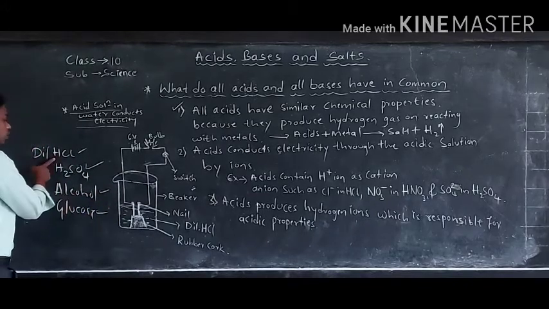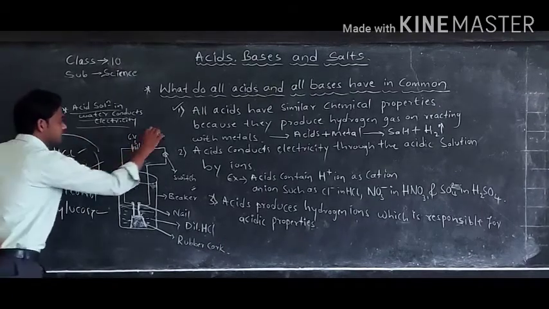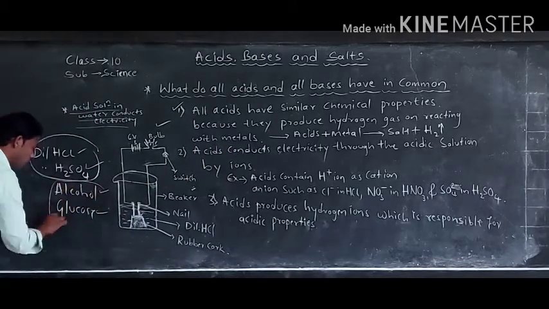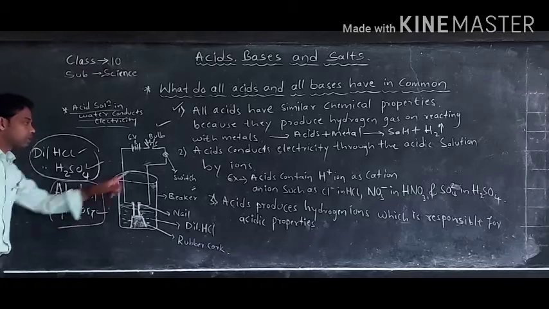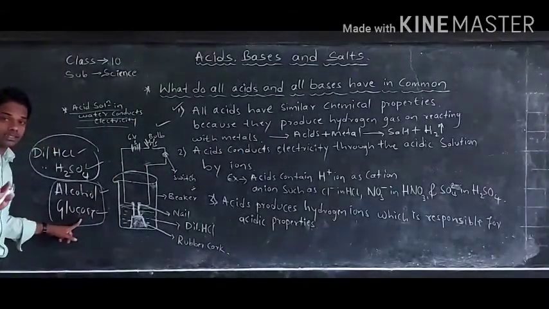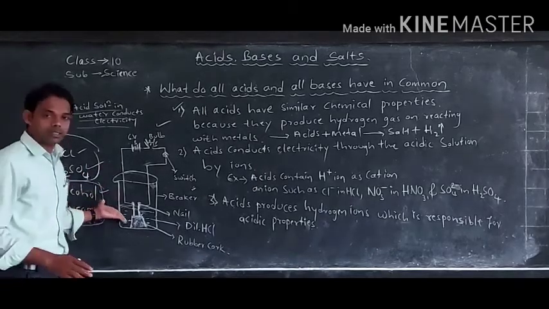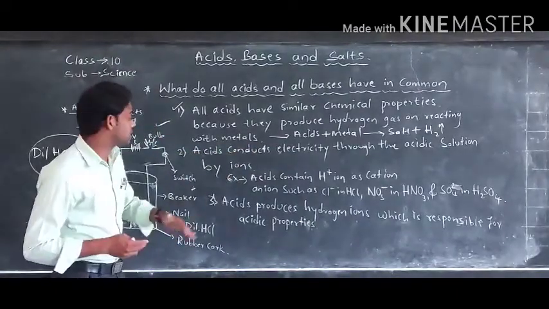In dilute hydrochloric acid and dilute sulfuric acid, the bulb will glow, meaning acids conduct electricity. But with alcohol and glucose, the bulb will not glow, so they do not conduct electricity, because these are not acids.